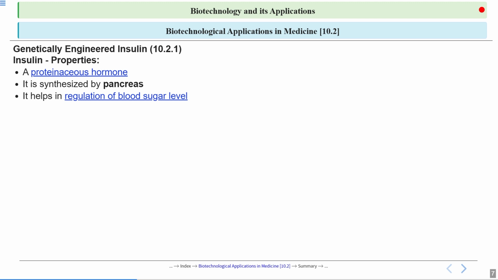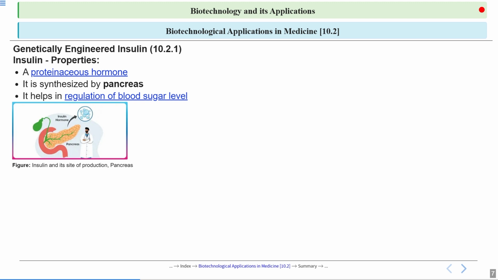It helps in regulation of blood sugar level. This is a picture which represents what insulin is and how the pancreas releases insulin. This is the pancreas, and it is responsible for releasing the insulin hormone.